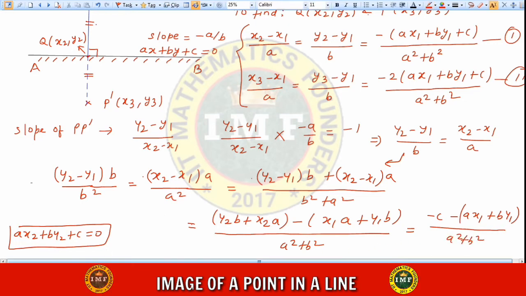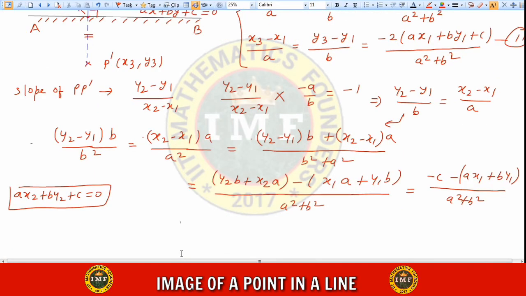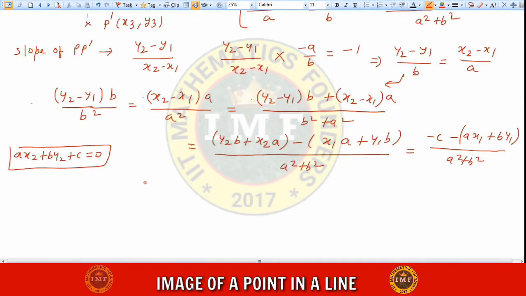Okay, so now we have almost reached the result. Now I see here that if I take minus common, this will be −(ax1 + by1 + c)/(a² + b²). So here this is the first one, this is the second one, and this is the third one.